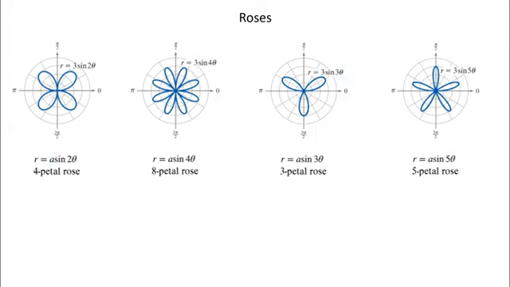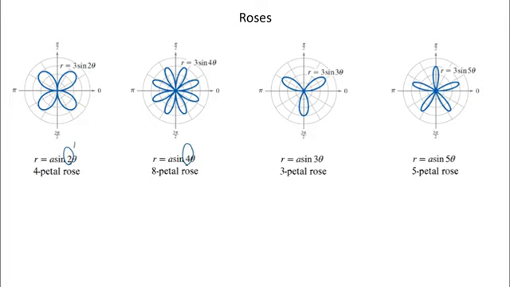The second thing we need to take note of is the coefficient of theta itself. So in this case, we have a 2 theta. And in this case, we have a 4 theta. If the coefficient of theta is even, we will always see twice that number of petals on our graph.